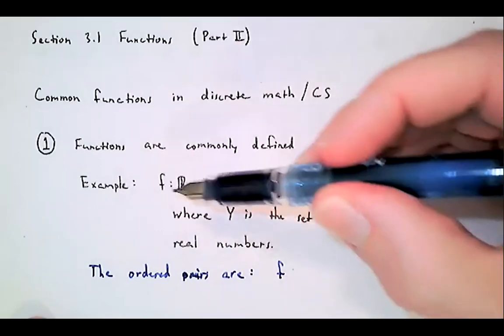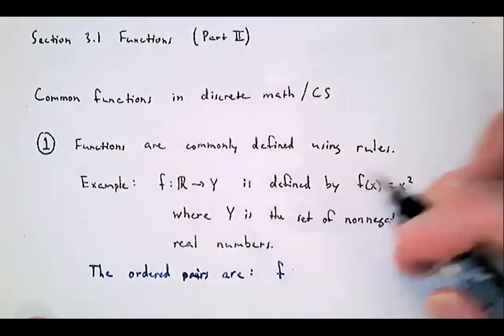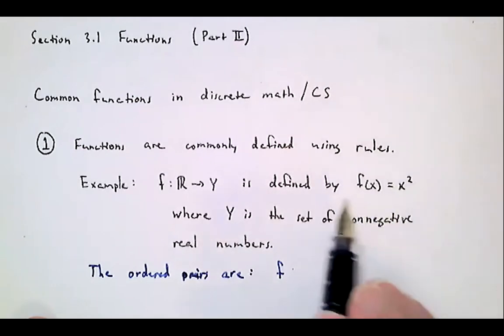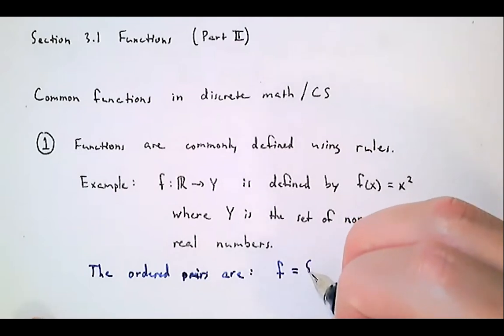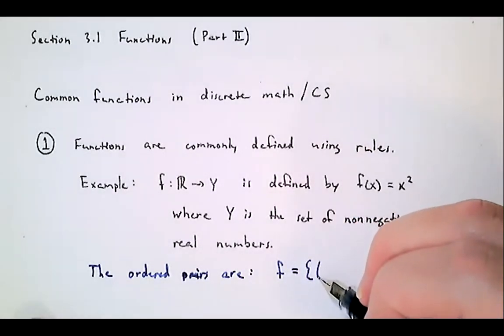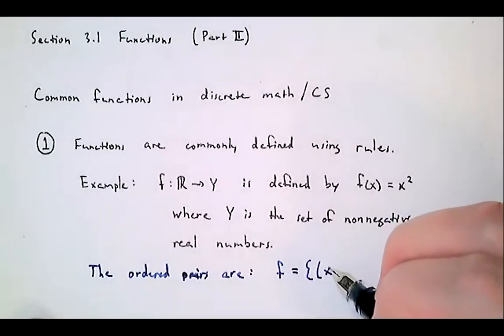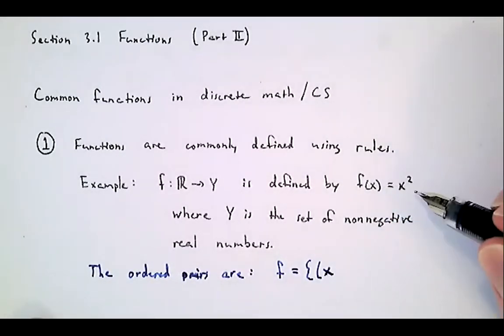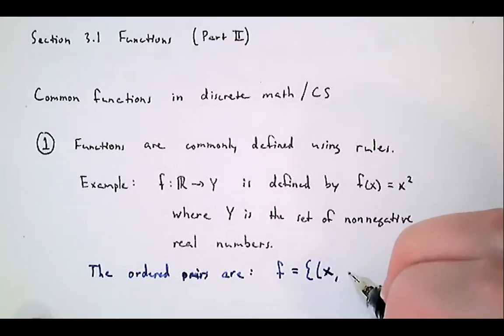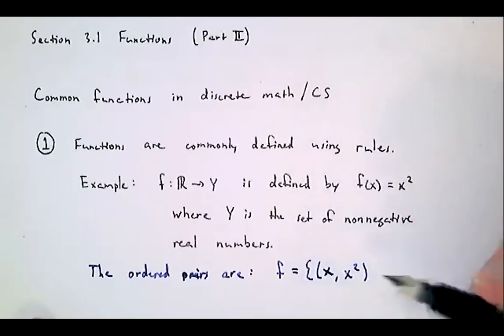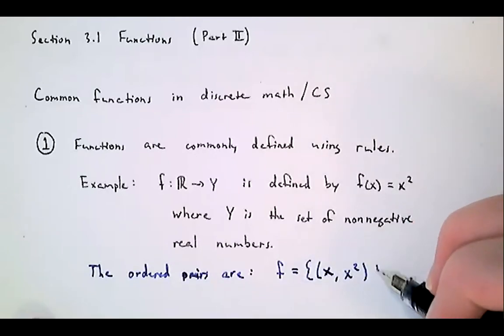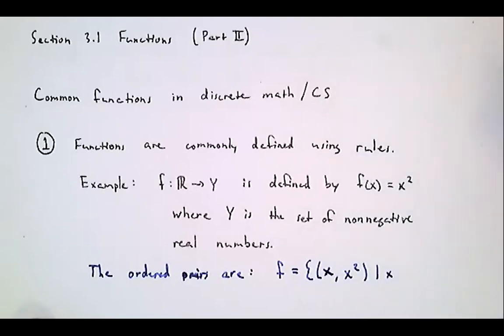So we keep the same function name, but now instead of thinking of the function as a rule or with functional notation, we think of it as a set of ordered pairs where the first element is the input and the second is the output. So we pair up x with x squared, and then we just have to specify where x comes from. And it's a real number, so we say x is an element of R, the real numbers.